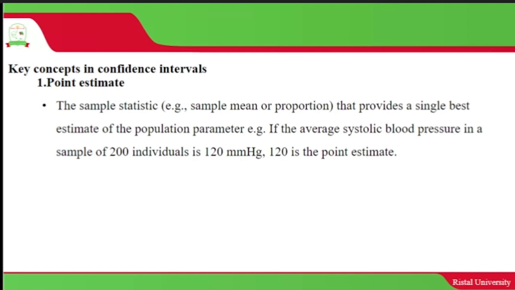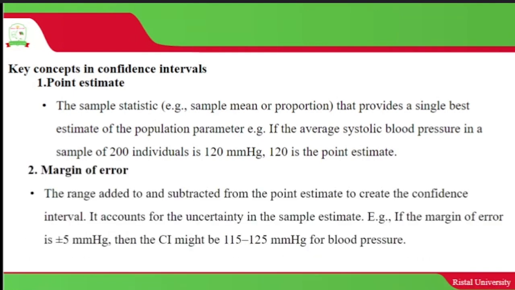For example, if the average systolic blood pressure in a sample of 200 individuals is 120, then 120 is our point estimate. Within confidence intervals, we have that point estimate, and again, it is the single best estimate of the population parameter.